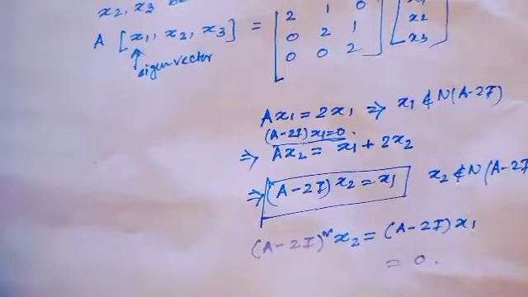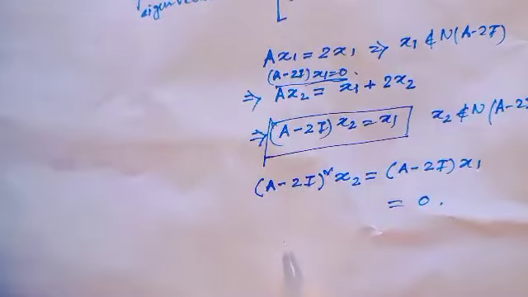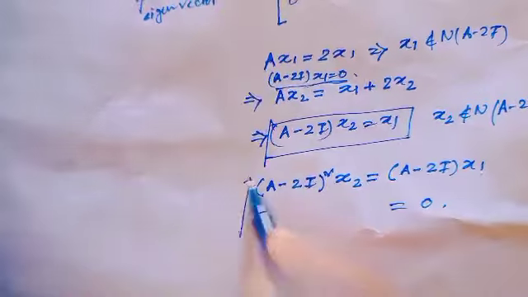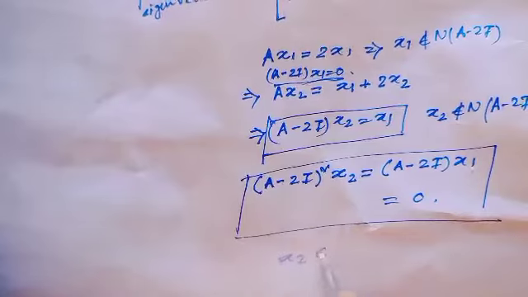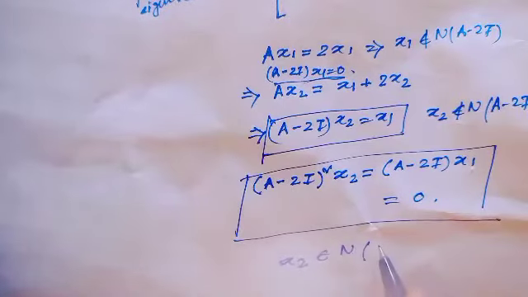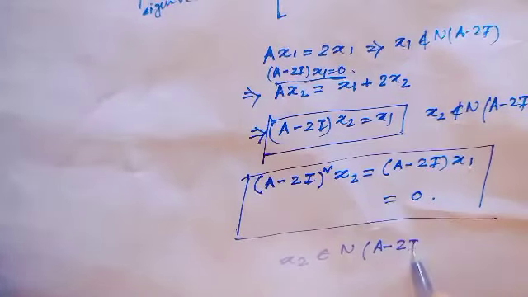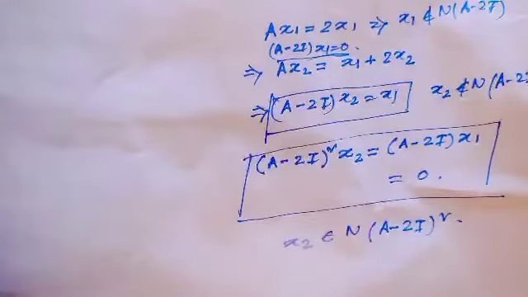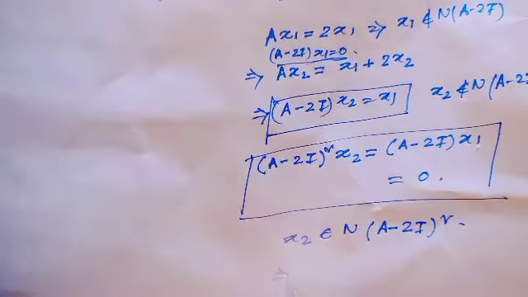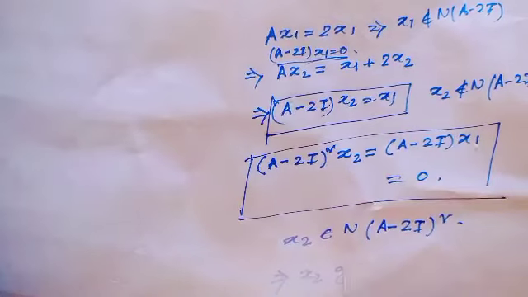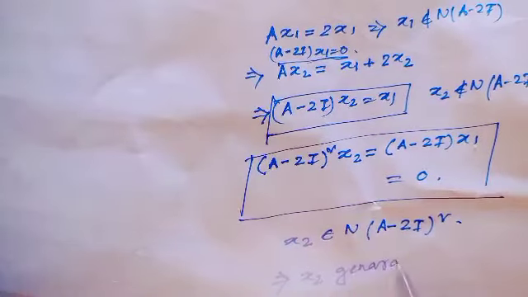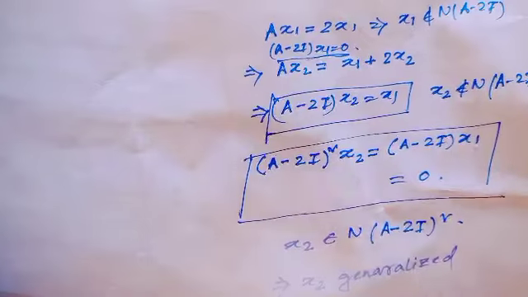So this equals 0, and x2 belongs to the null space of (A minus 2I) squared. That means this vector x2 is a generalized eigenvector.